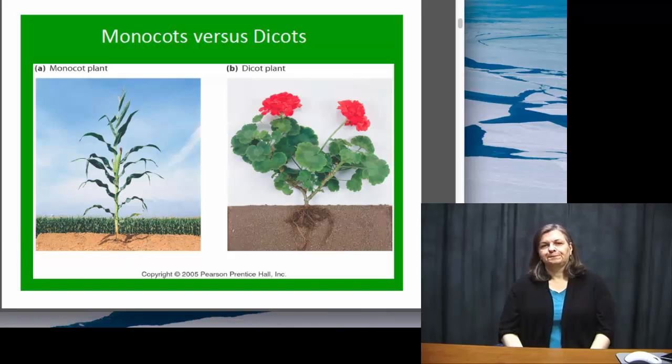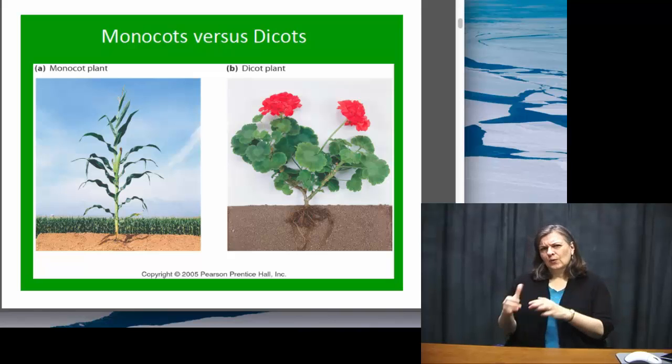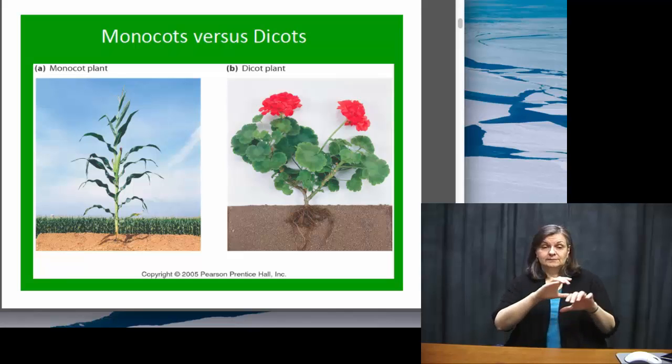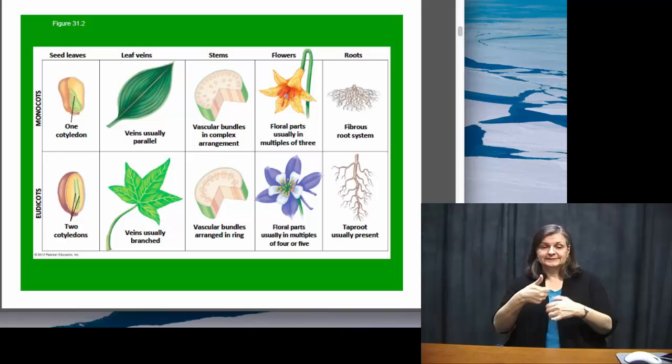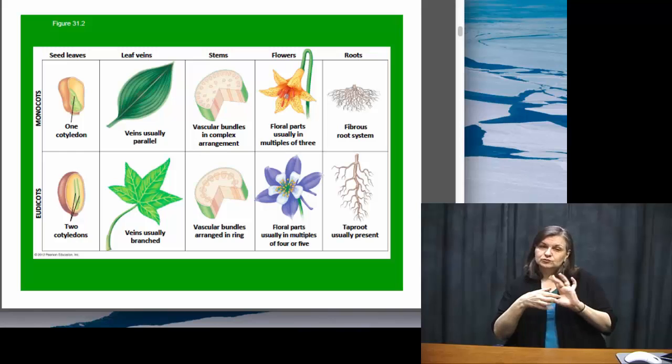So what makes these able to be put into categories pretty easily? Well, fortunately, the categories have already been established for you. We categorize them based on 5 major characteristics. Monocot and eudicot refers to the embryonic leaf that would be found inside a seed if you cut it open.